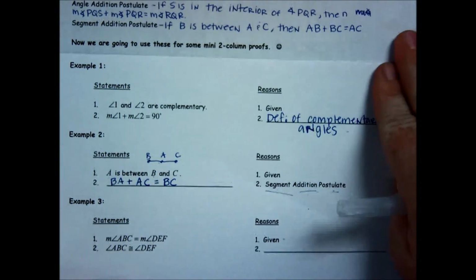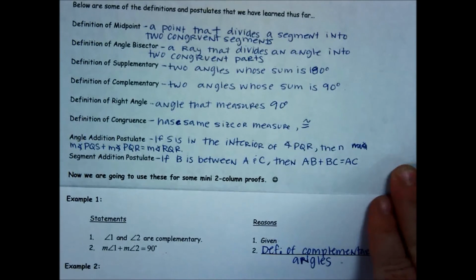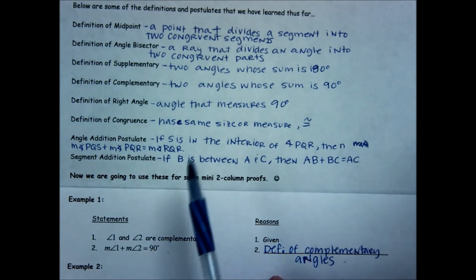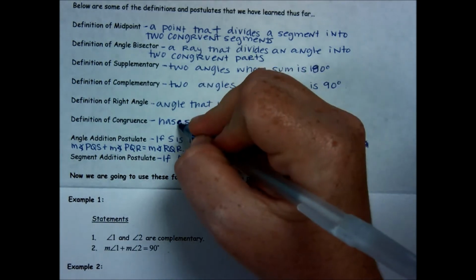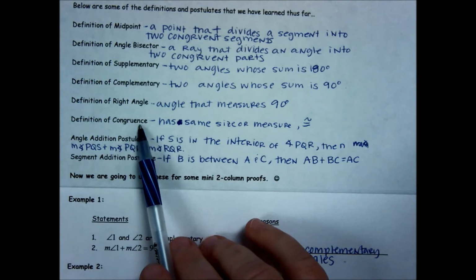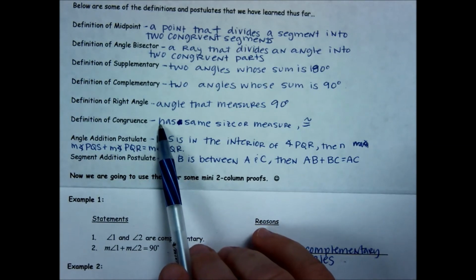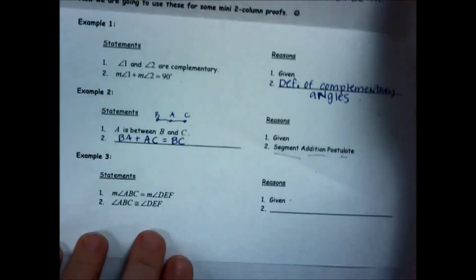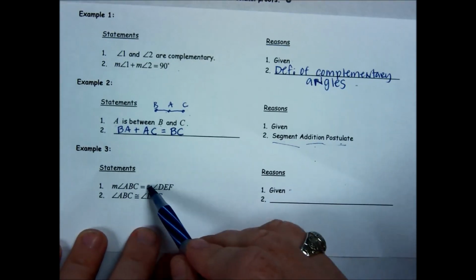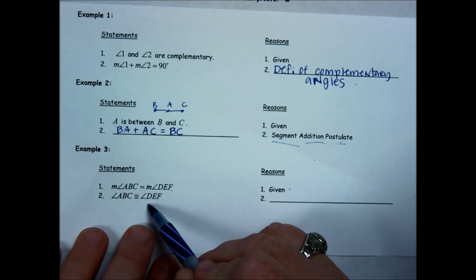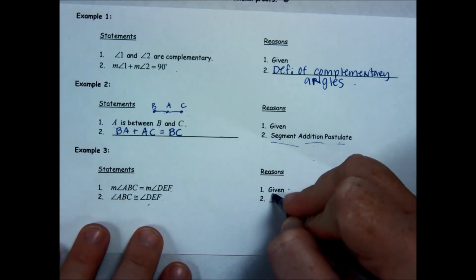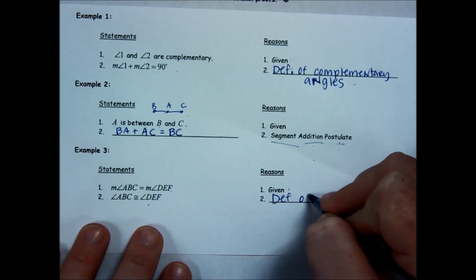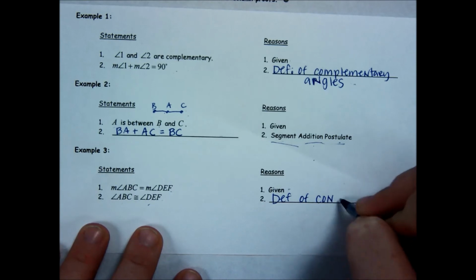Well, let's look up here at our definitions, and it was probably this definition of congruence, which says that it's something that has the same size or measure. In this case, in our example 3, these two things had the same measure, so I could say that those angles were congruent. And I say that because of the definition of congruence.